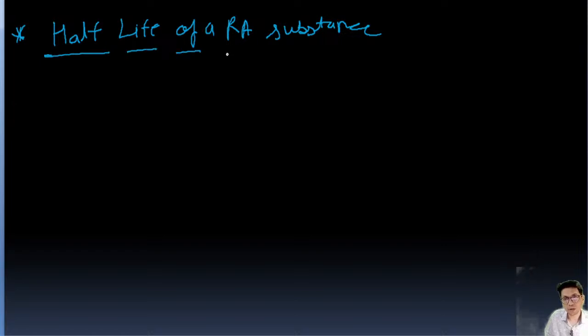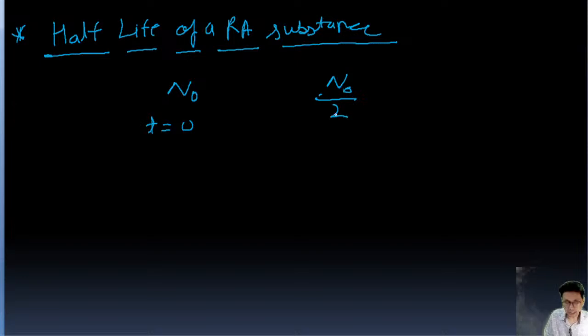Okay, suppose at t equal to 0 there are N0 nuclei, and at t equal to tau half, that is half time, right? At t equal to tau half, the nuclei remaining is half of its initial nuclei, that is N0 by 2.